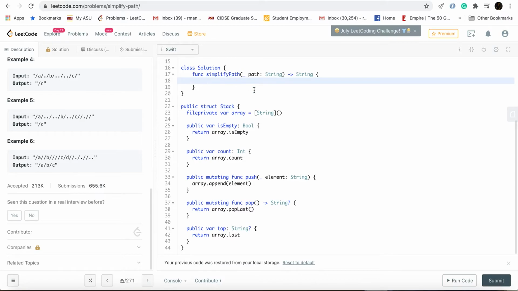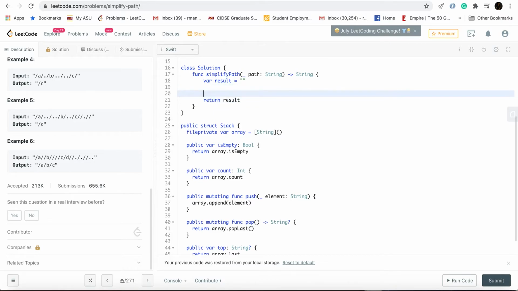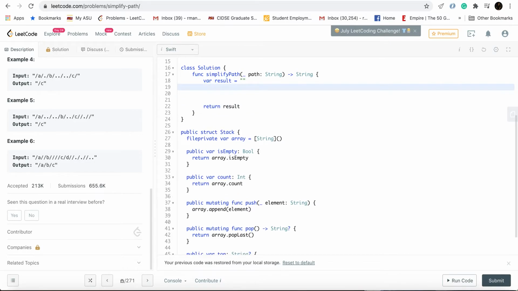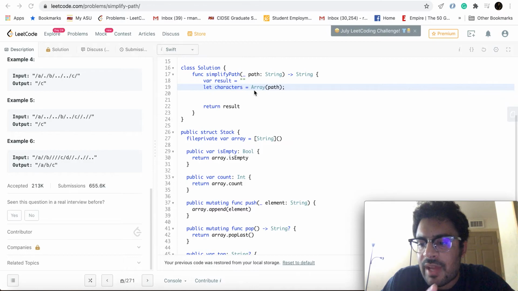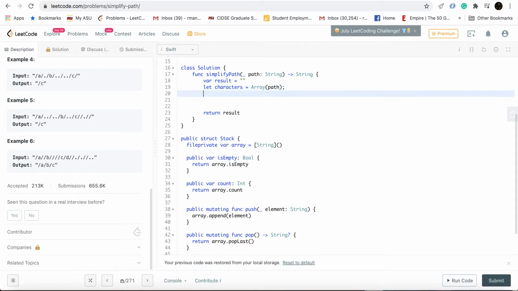With that, we can start coding. So I'll get right to it. Let's declare a result first. We'll return this result in the end. Now let's extract all the characters of the path. This will give me an array of characters of the path string. And then we'll define our stack. This is the stack that we'll use.